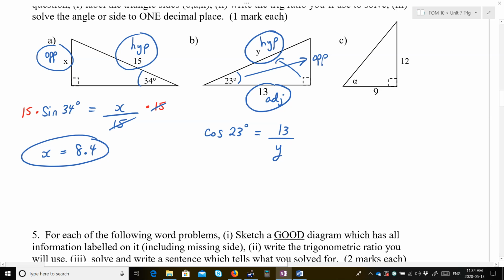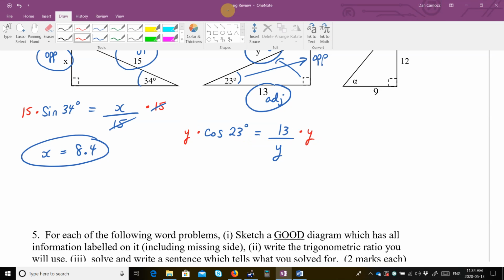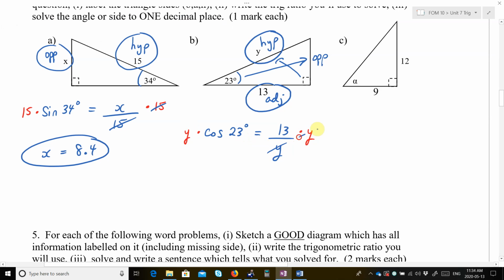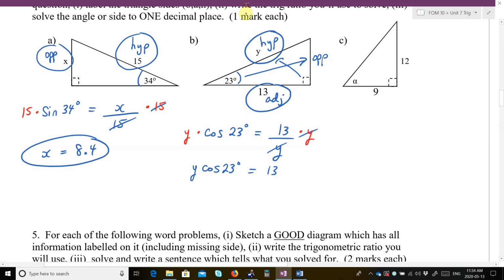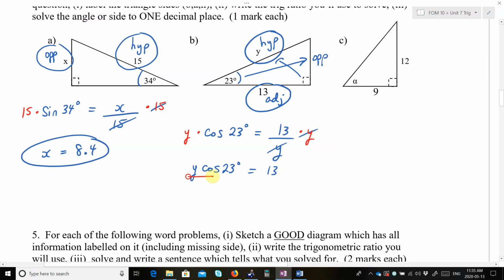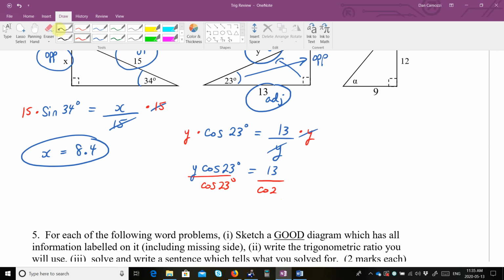Remember, when we have this kind of equation, the y and the cos 23 switch spots, because you start by multiplying both sides by y to get rid of the divided by y. Then we have y cos 23 degrees equals 13. Then we divide both sides by cos 23 degrees, and you see how the cos 23 ends up underneath the 13.